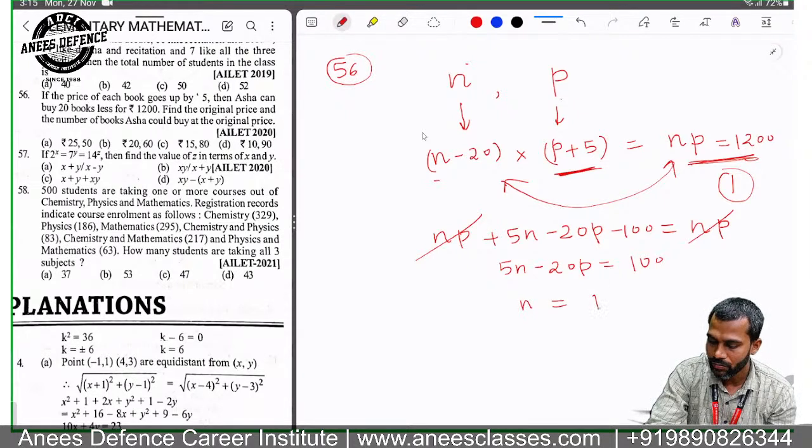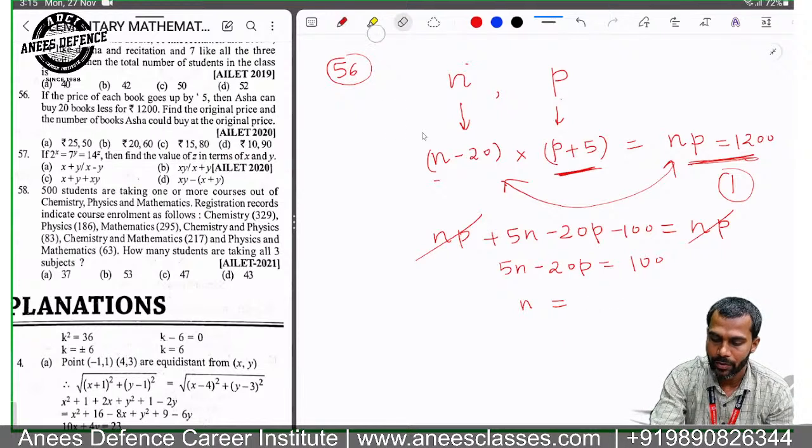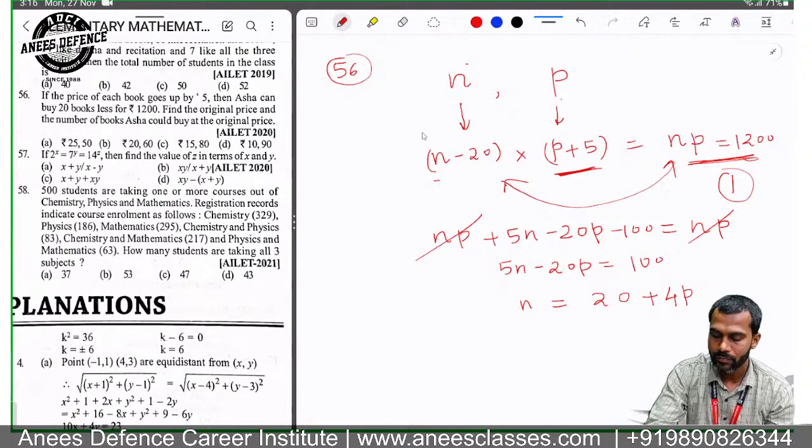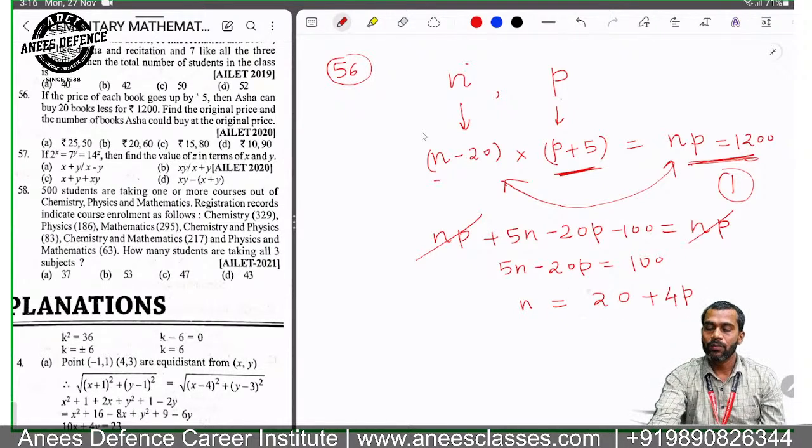So N is equal to, tell me, 20 plus 4P. Yes or no? N is equal to, I have divided it by 5 and I have taken the term involving P on the right and it becomes 20 plus 4P.